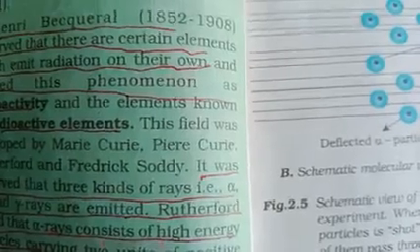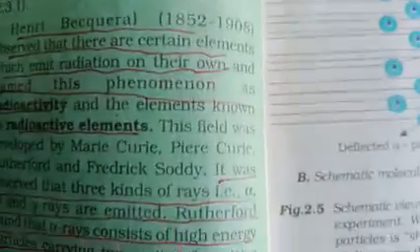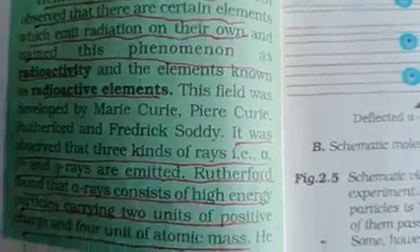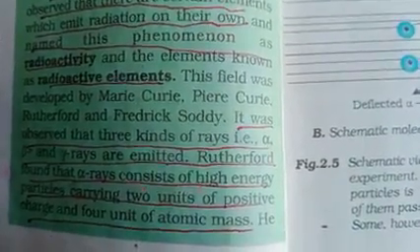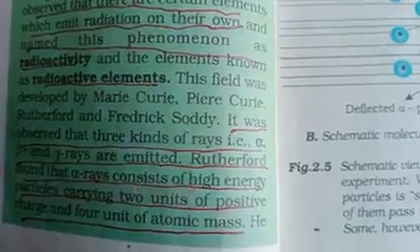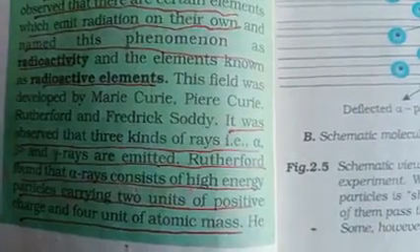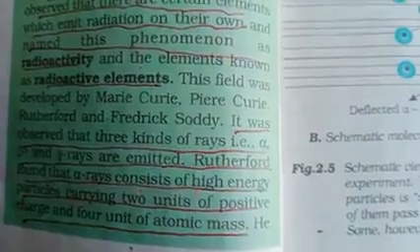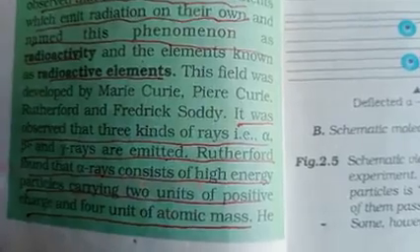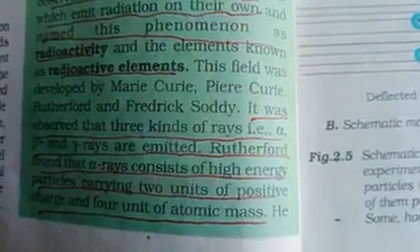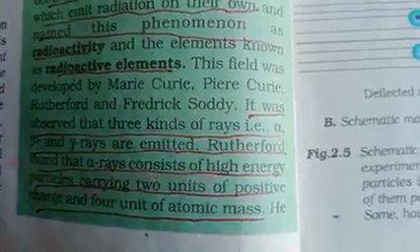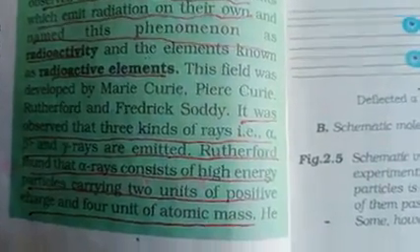One ray moves towards the negative plate, another moves towards the positive plate, and the remaining rays move in a straight line. Those which move towards the negative plate we call alpha particles. Alpha particles are highly energetic and have +2 charge and 4 atomic mass units.